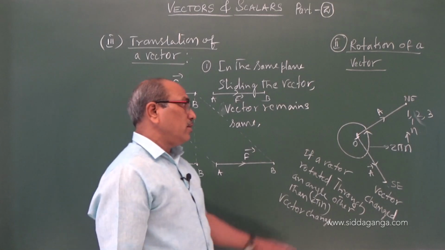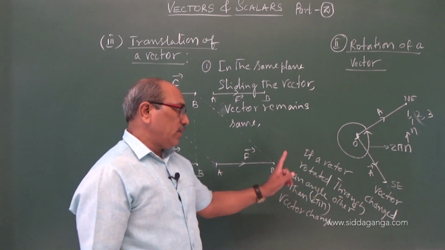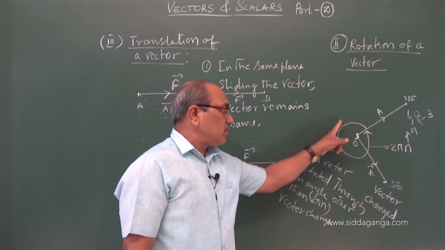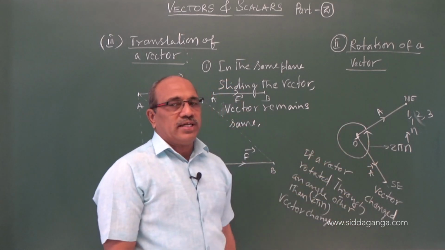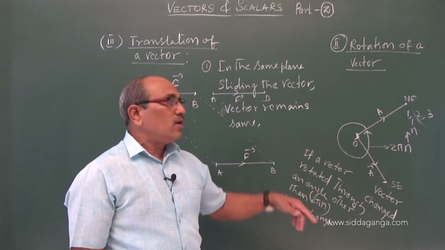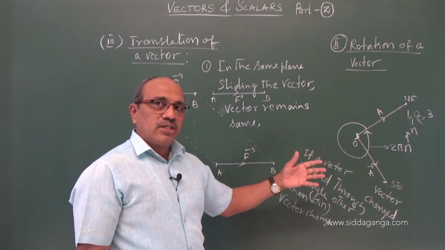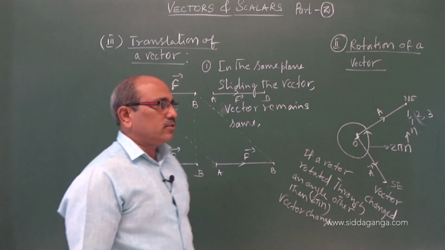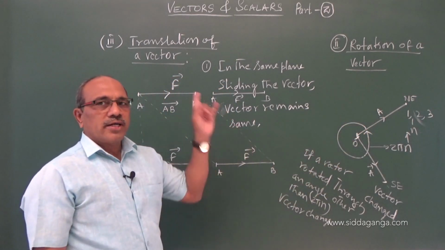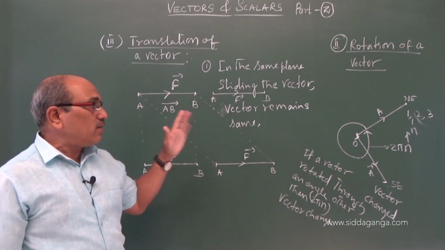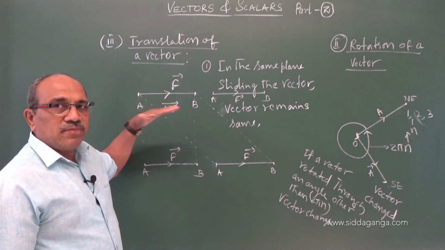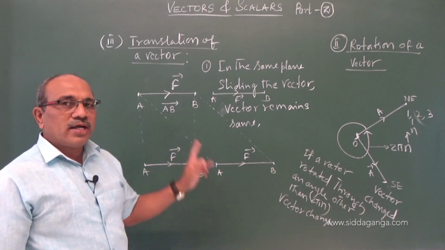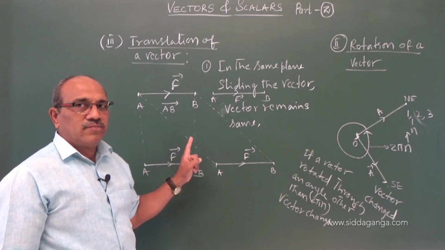If we rotate it a fraction of 2 pi, the vector changes in direction even though the magnitude may remain the same. But if you rotate it through an angle of 2 pi n, where n is an integer, 2 pi 1 after one rotation, 2 pi 2 after two rotations, 2 pi 3 after three rotations, the vector remains as it is, both in magnitude and direction. So first remember finally, translation of a vector means in a given plane of the vector, you are permitted to slide it to any position on the plane, and the magnitude and direction of the vector remain the same.